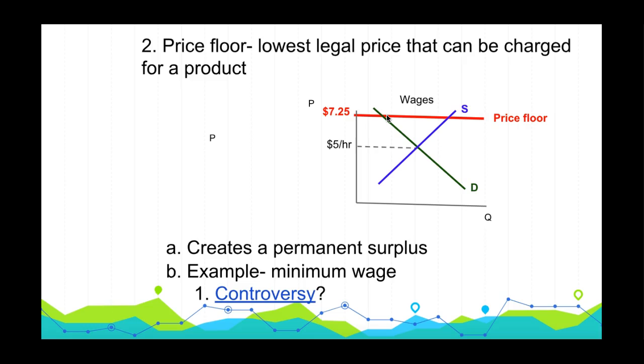What that means is that the seller is willing to hire you at a lower price, but they can't because the price floor prevents them from doing that. So as a result, they don't hire anybody. It's also an inefficiently low quantity. Producers can only sell what consumers are willing to buy, so the quantity ends up being lower.